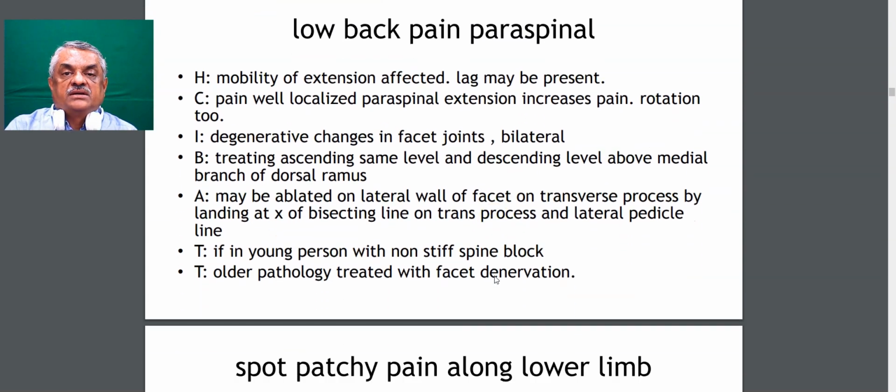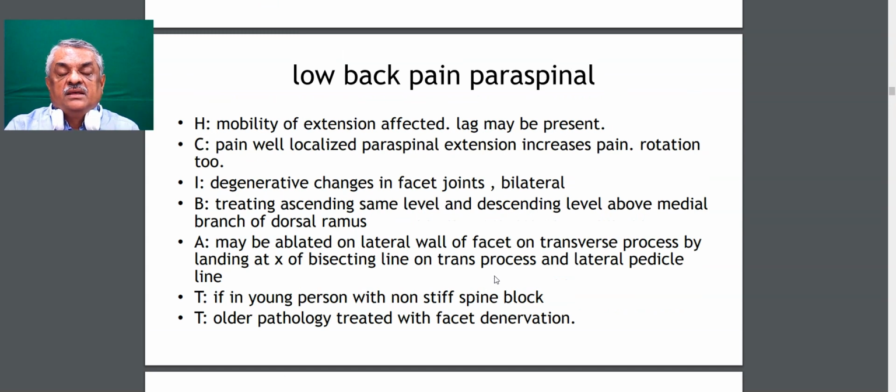Now we come to a second presentation, which is low back pain, which could be paraspinal. Here the history is mobility of extension is affected because of facet changes, and the pain may increase with extension, and there could be a lag in extension, what we call a chair exit test.